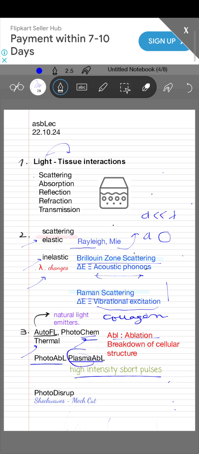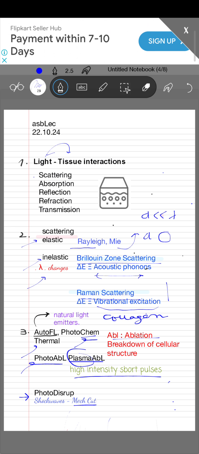Plasma is where the electrons, ions and neutrals all stay in equilibrium. Now this plasma causes the breakdown of the cells. So ablation is another property. And lastly, we have photodisruption. Photodisruption is equivalent to a mechanical cutting of the tissues.